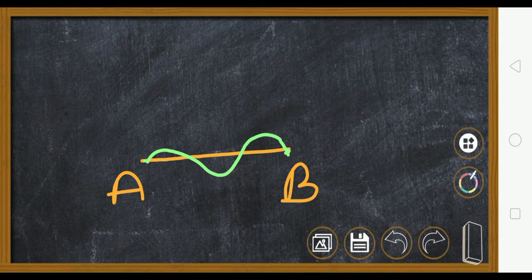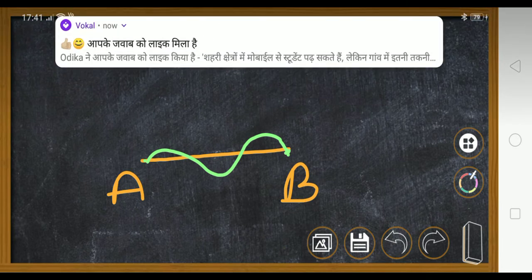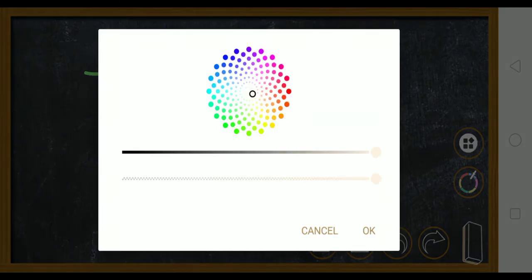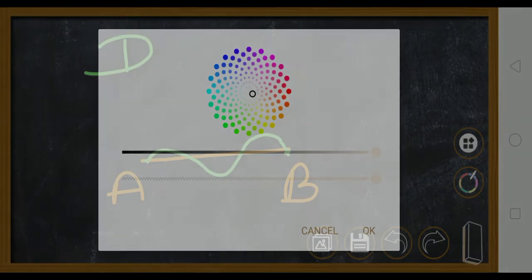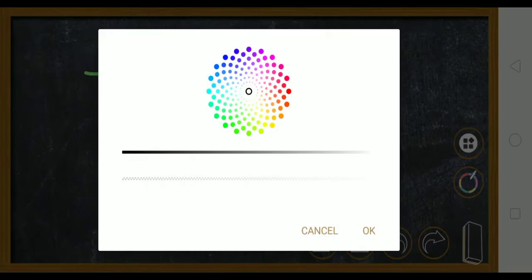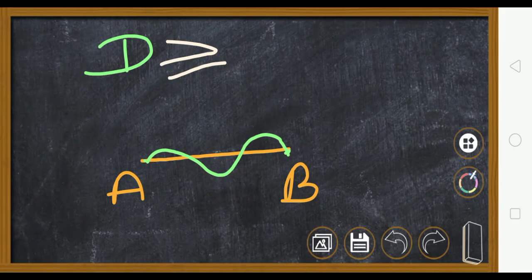One thing you come to know is that distance is always going to be greater than or equal to the displacement. Distance is the green color. Distance will always be greater than or equal to displacement. Greater than, so you must have understood.